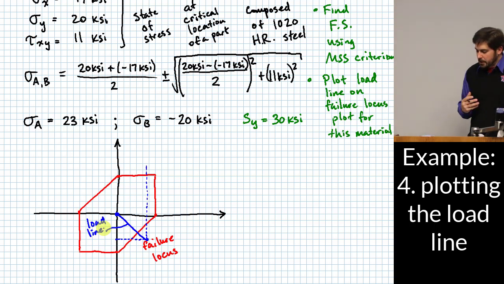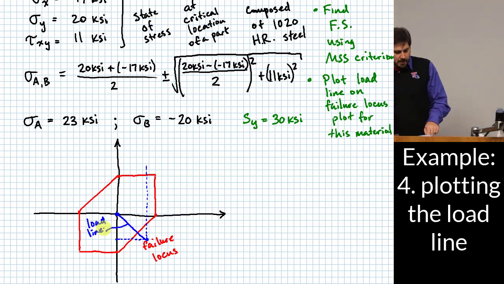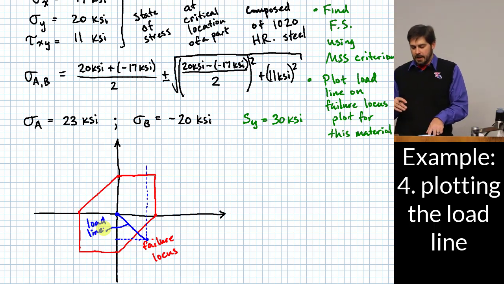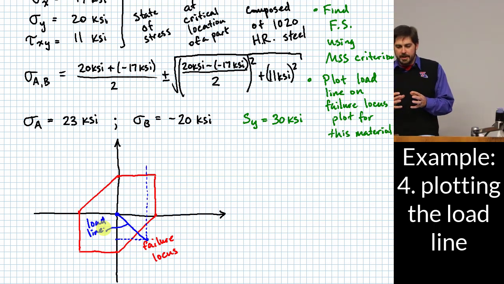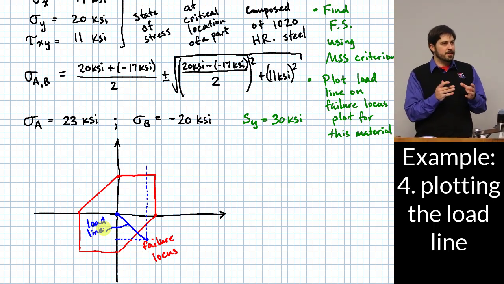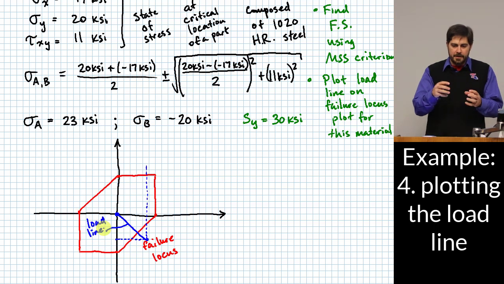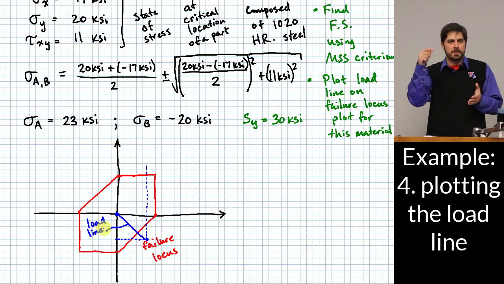Here's the significance of the load line, so that I kind of mentioned why this is a thing. For a lot of parts, how much they are loaded in all the different directions just winds up being proportional to how much applied load there is. And a lot of times that applied load is maybe sometimes just one load. So you put one load on there, and the stresses in all the different directions increase proportionally to each other with that amount of load that you apply. Do you agree with that?